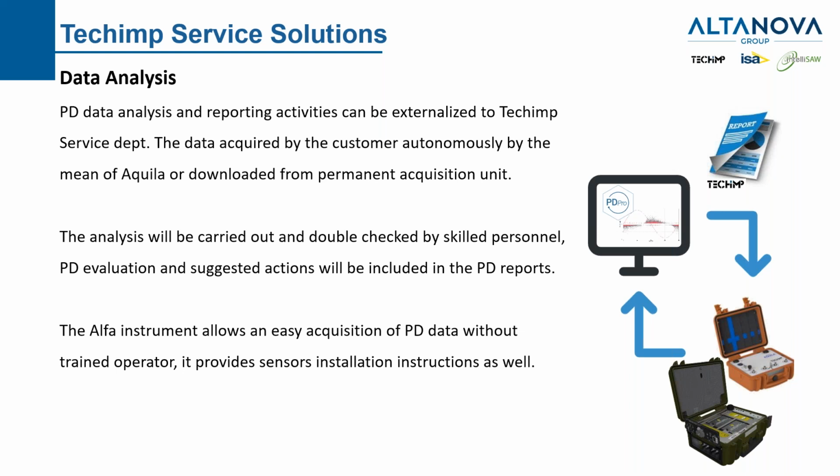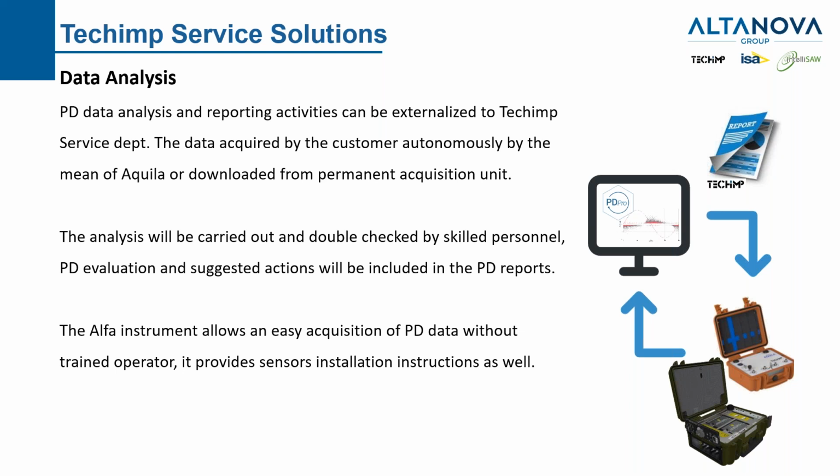And we also have a solution with a portable instrument that is designed to make good quality PD measurements autonomously, without a skilled operator. This unit is called Alpha, and it came out of our service department experience. For us it's quite easy to take proper PD measurements because we do it every day, but in many cases asset managers perform a PD test once every 6 months.